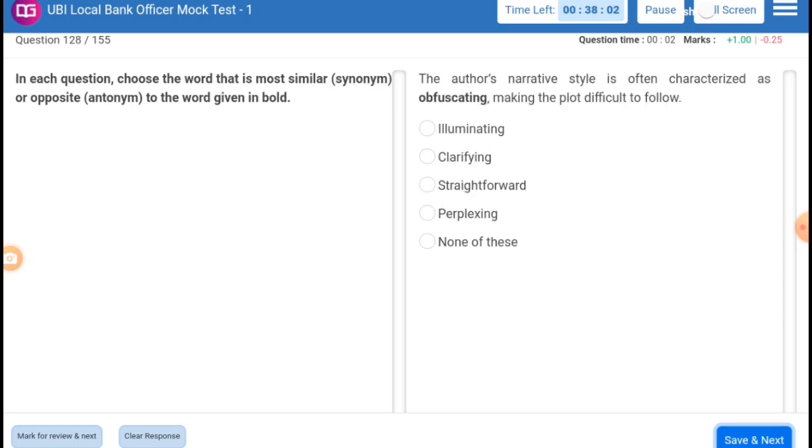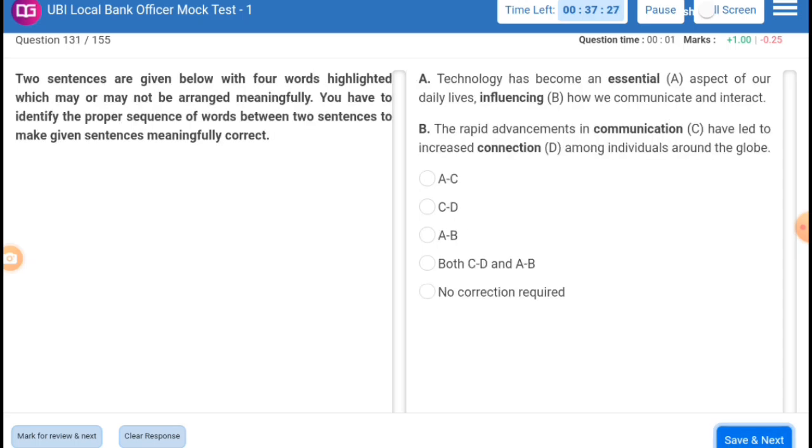The author's narrative style is often characterized as reflexing. The scientist findings were deemed uncertain. The author's prose was often described as complex.